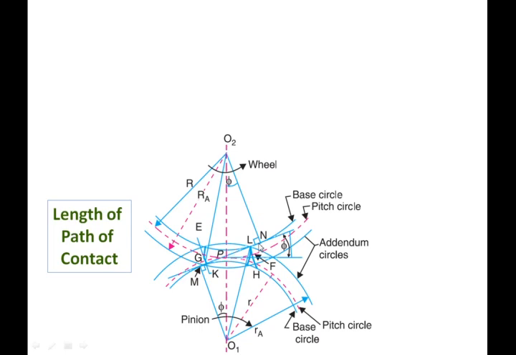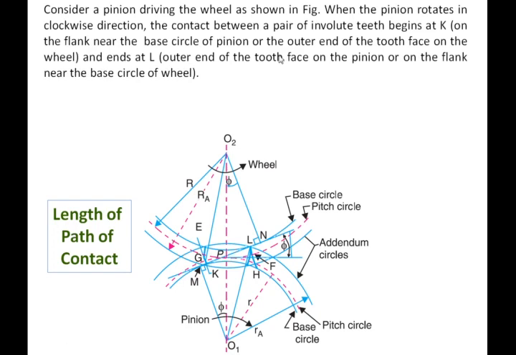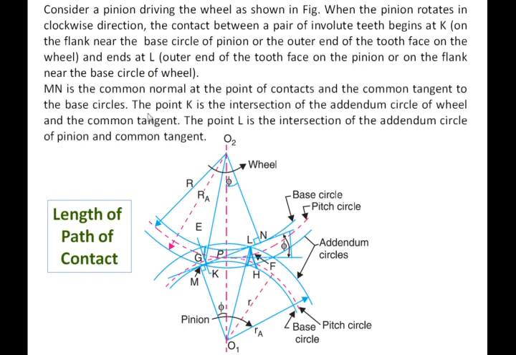So that is the basic understanding we should have about this diagram. Let us proceed. Consider a pinion driving the wheel as shown in the figure. When the pinion rotates in clockwise direction, the contact between a pair of involute teeth begins at K and ends at point L. So what are these K and L?